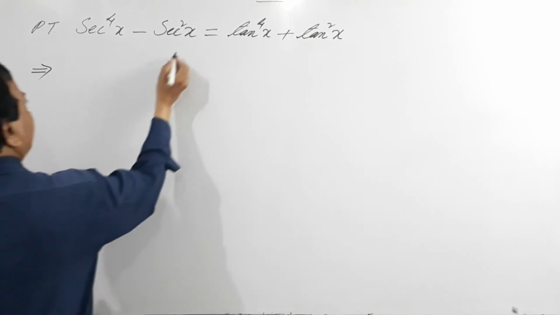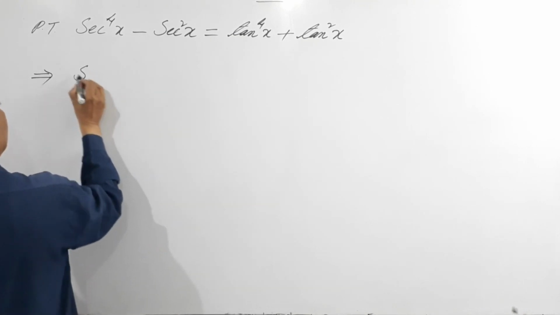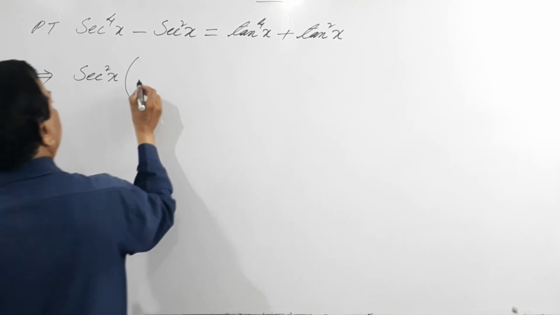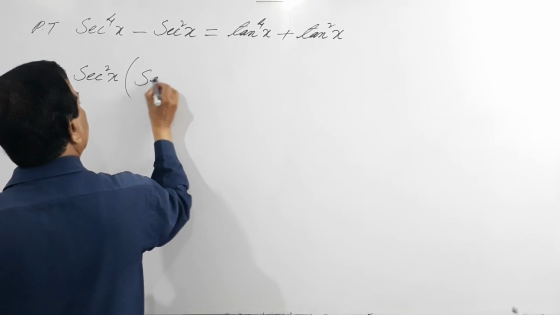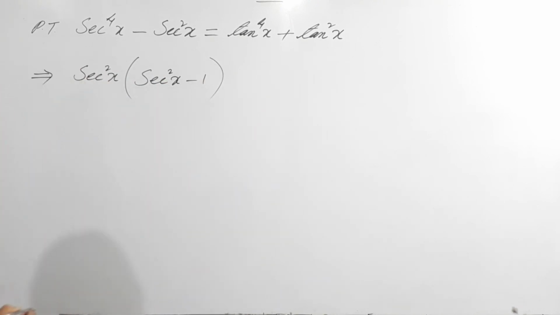This is equal to, I take secant square common, so here we get secant square x minus 1, right?